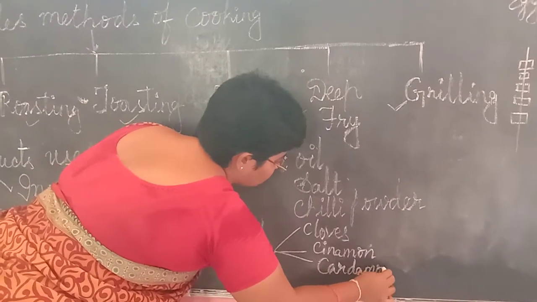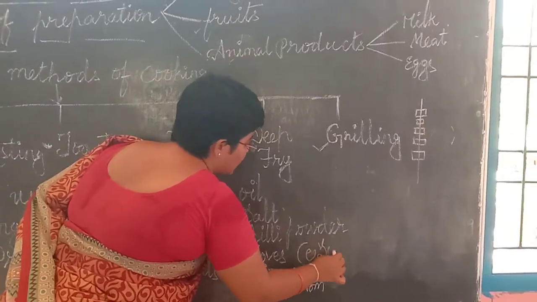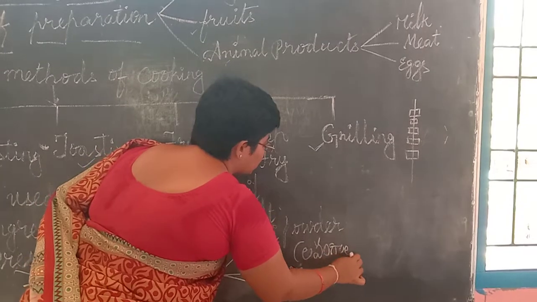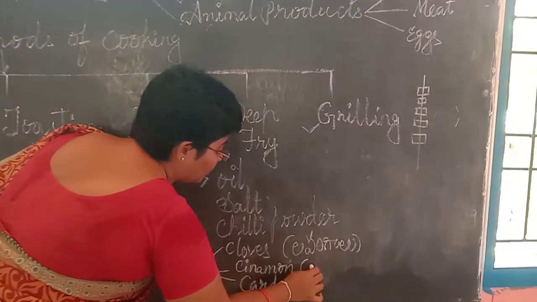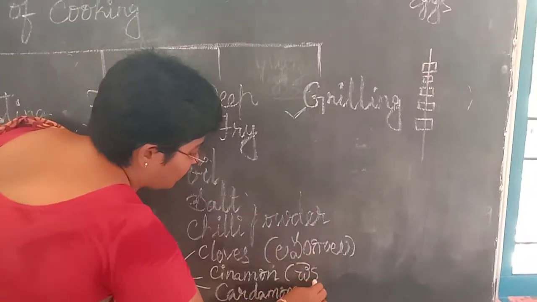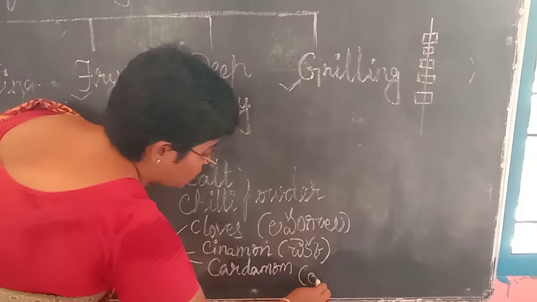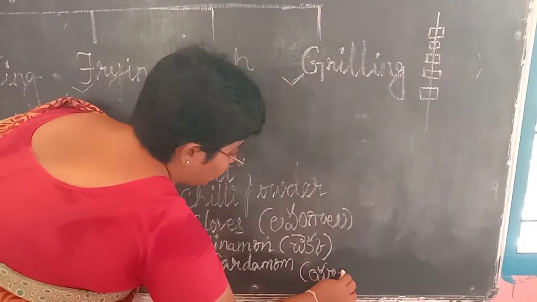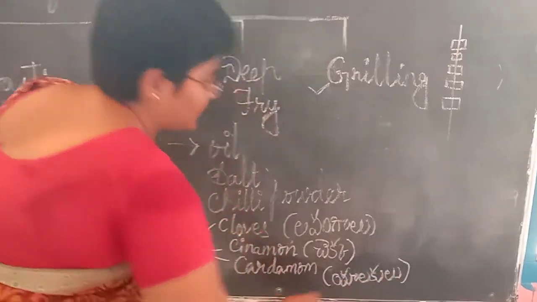Cloves, we all know, as I told you yesterday, are a flower of a plant. Even cinnamon is the bark of a plant. Whereas cardamom is one of the seeds of a plant. These are used in making different kinds of food items.